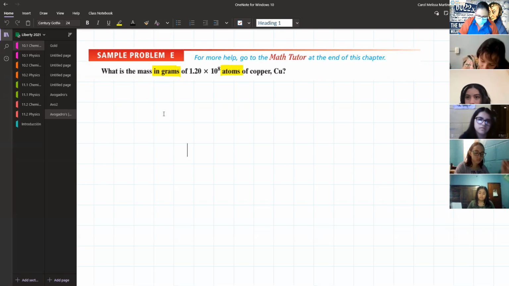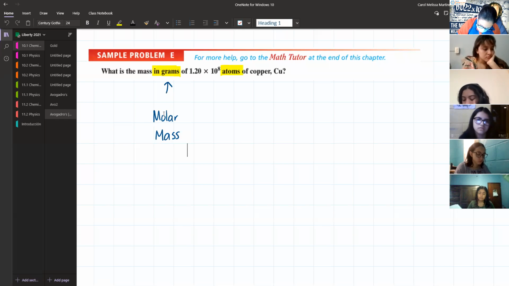So if I give you grams, what conversion factor do you have to use, molar mass or Avogadro's? Molar mass. And when you see the word atoms, Avogadro's.